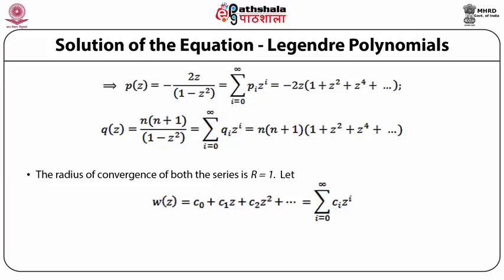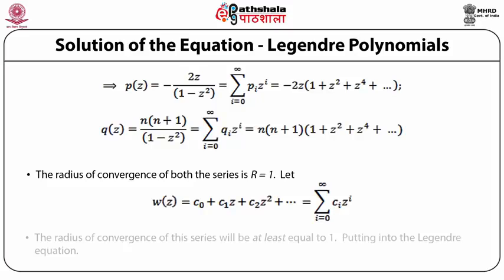We seek a solution of the form W(z) = C0 + C1 z + C2 z² + so on. This may be represented by the series, summation over i going from 0 to infinity, Ci z^i. The radius of convergence of this series will be at least equal to 1.